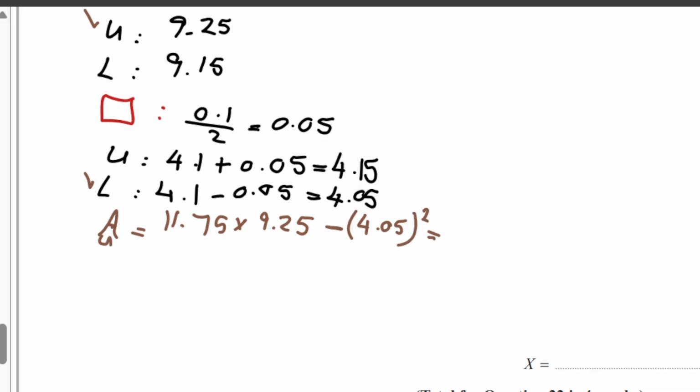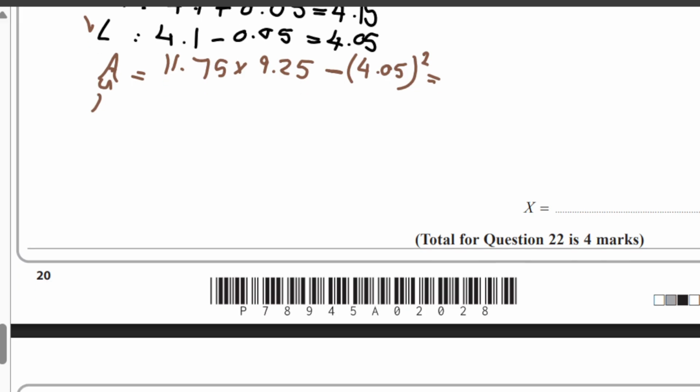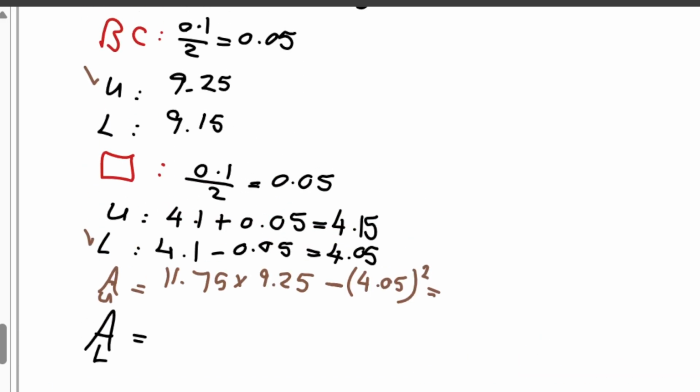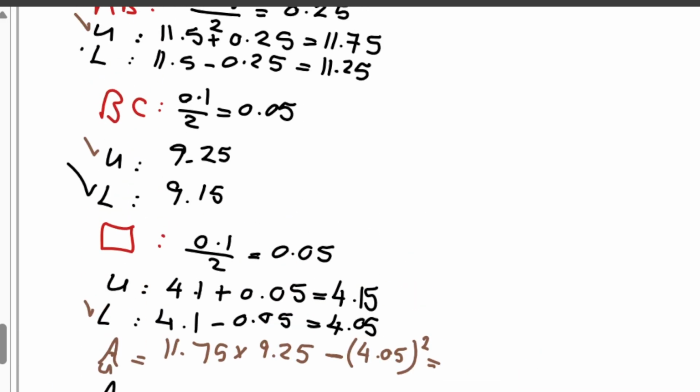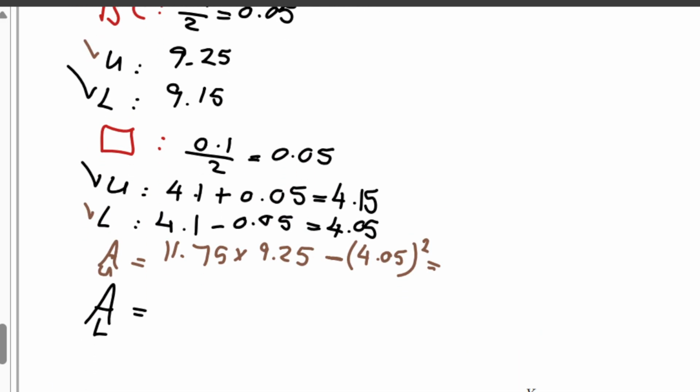Now, to find the lower bound of the area, we will use the lower bounds for the rectangle and the upper bound for the square.